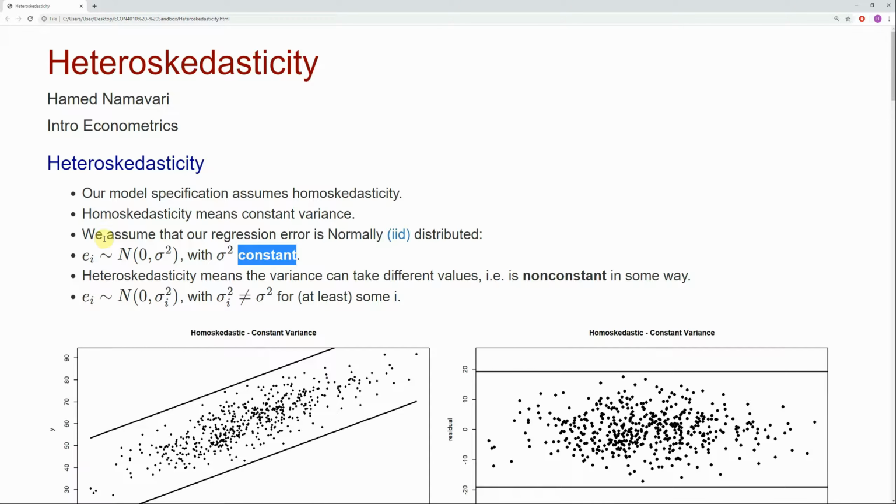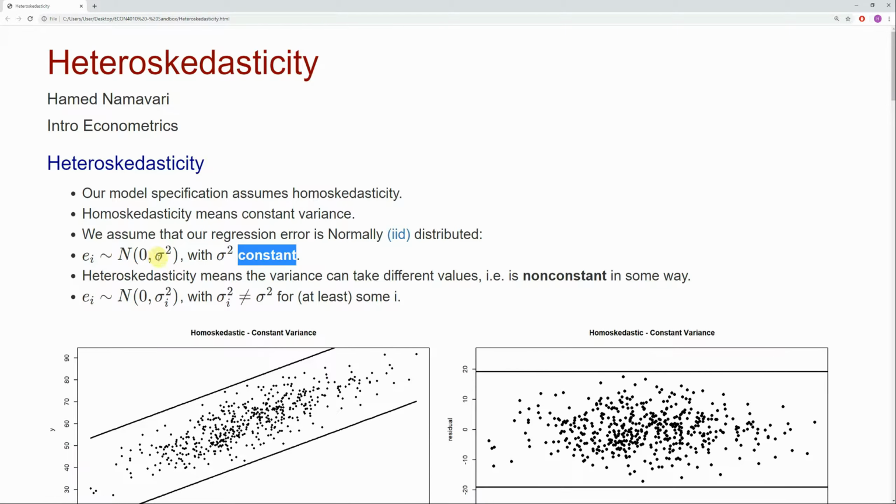In other terms, we say that the error terms should be IID, independently and identically distributed from a normal distribution.